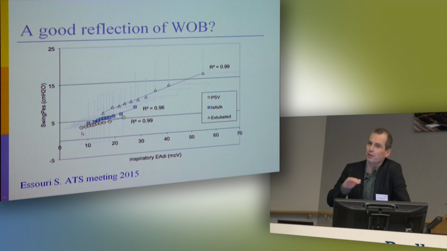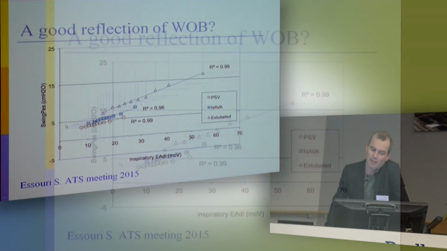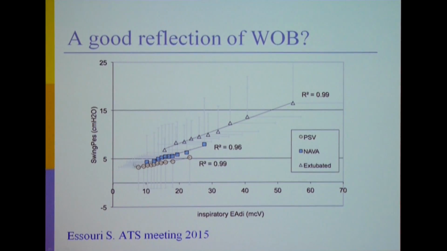In every patient, the correlation between both is really good, but there are wide variations between the patients, of course. You can also see that in mechanically ventilated patients, whether they are in PSV or in NAVA, it's not very different. They are on a similar slope, but after extubation, when the patients were studied a bit later, it seems that the slope may be different.